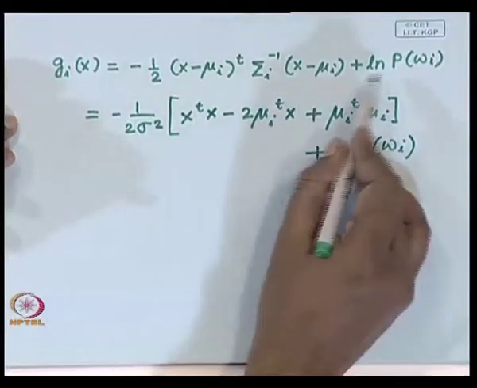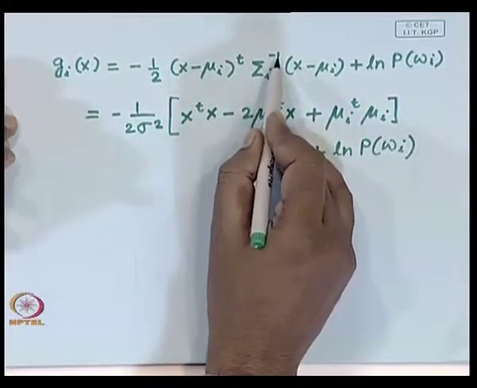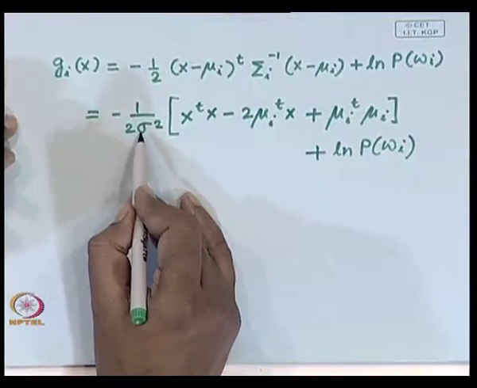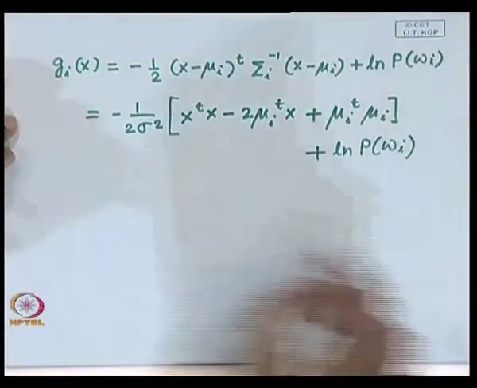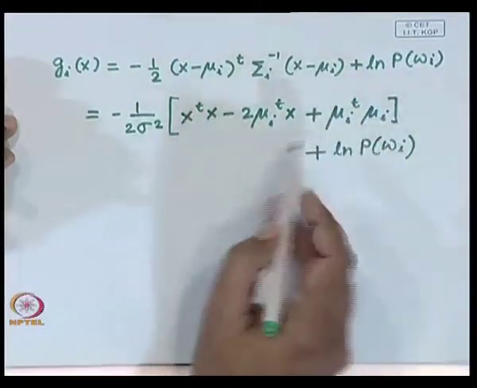This is nothing but the expansion of this term, where Σ_i inverse we have said is 1 upon σ² into the identity matrix. So, that is why here I get 1 upon 2σ².